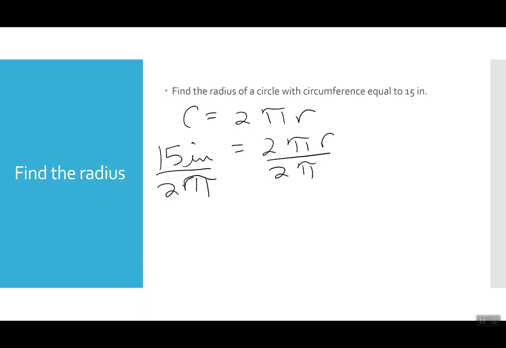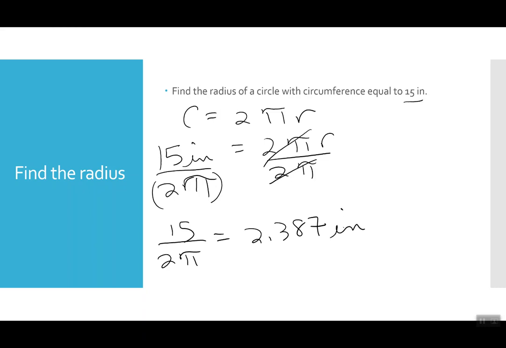When you put this in your calculator, it's really important that you put parentheses around the 2 pi. So I have 15 over 2 pi, which gives me 2.387. Remember, it was in inches, so this says my radius is also in inches.